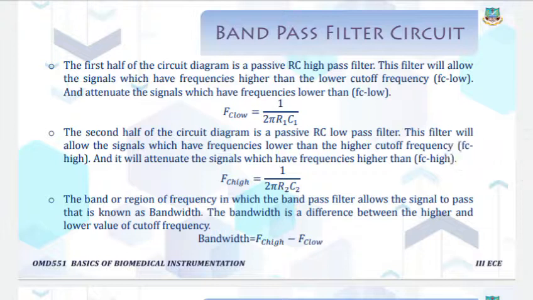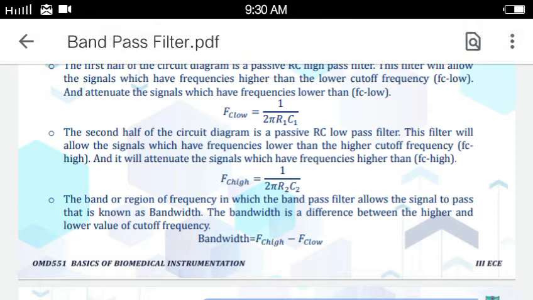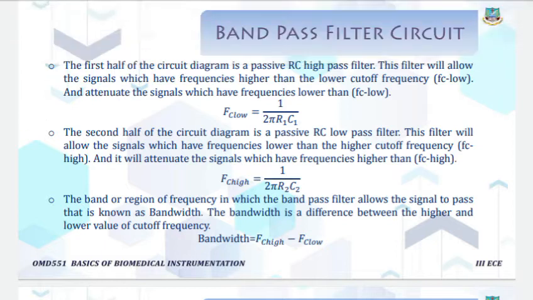The first half of the filter circuit is the RC high pass filter. This filter will allow the signal which has frequency higher than the lower cutoff frequency, and attenuate the signal which has frequency lower than FC low. This is the equation for the lower frequency: FC low equals 1 by 2 pi R1 C1.